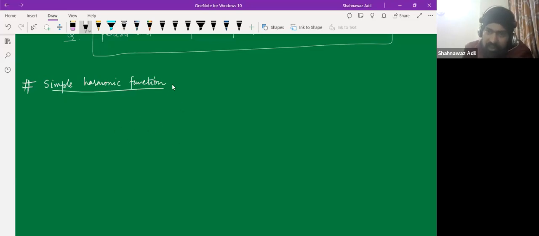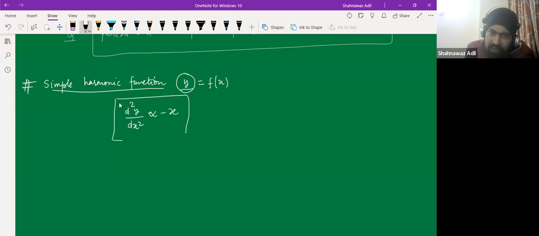So what is the simple harmonic function? If you have, let's say, a function dependent upon x or theta or whatever, and if you differentiate this function two times, and that is proportional to minus x, then that kind of function is the simple harmonic function.